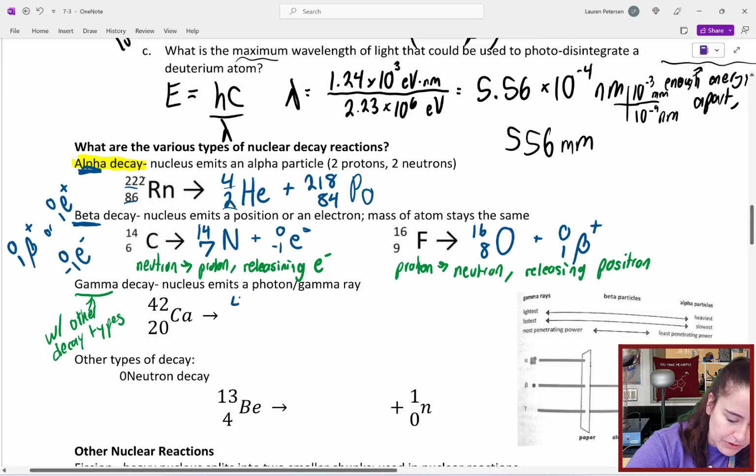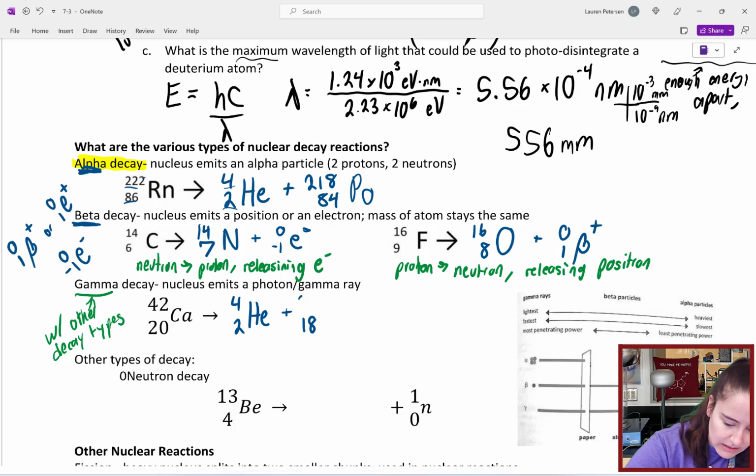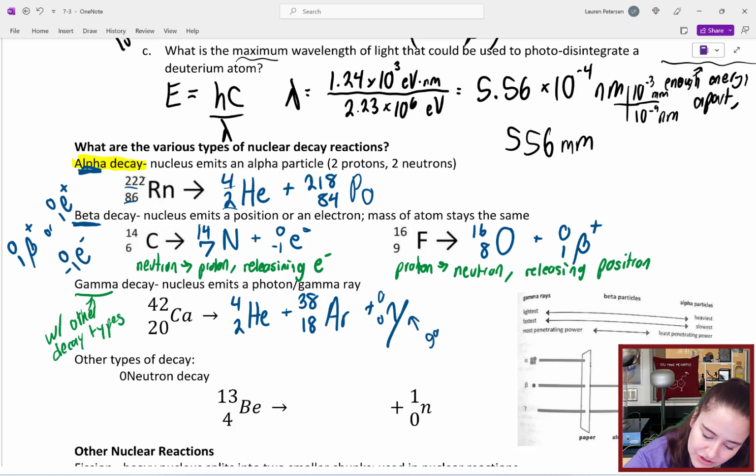So it does produce the alpha particle and leave behind the 18,38 argon. And then you'll just see it like this. It doesn't really have any mass, but that is just a gamma ray. And it doesn't even necessarily have to be a gamma ray. Really, it's just a photon. It is the energy that is released.